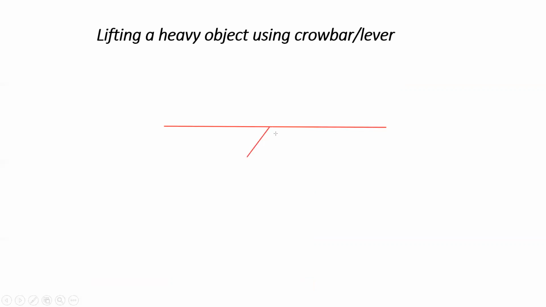This is a plank of a seesaw which is fixed at the center, that is known as the pivot. An object is placed here. If I place one object and I apply a force, what will happen? What will be the new position? The new position will be like this.